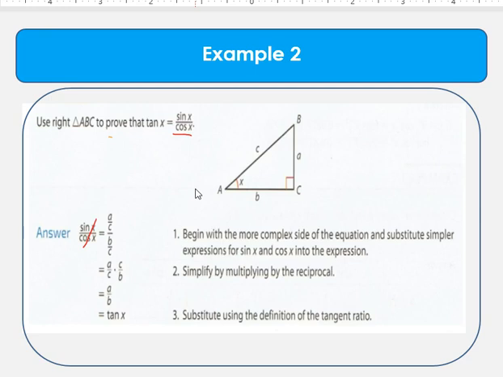Now, when you're dividing fractions by fractions, remember that a over c divided by b over c is a over c being divided by b over c, so it has to be multiplied by the reciprocal.